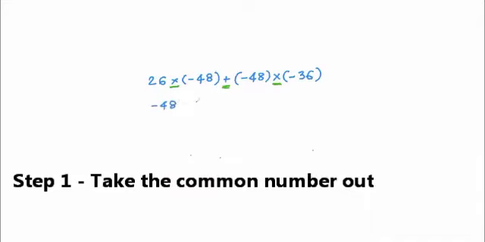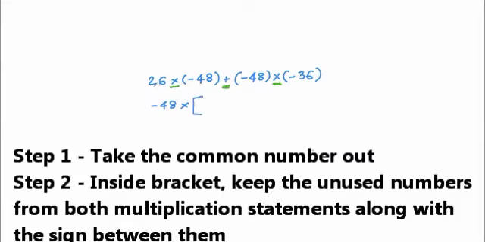And then in bracket, I will put from this side multiplication 26 into minus 48. Minus 48 has come out, so what is remaining? 26. So the 26 stays here. I'll keep the plus sign. No sign for 26 means it is plus sign. Then while moving to the next multiplication, in between we get a plus sign. So that plus sign stays here. Plus, in these two multiplications, minus 48 has come out as a common, so remaining is minus 36.